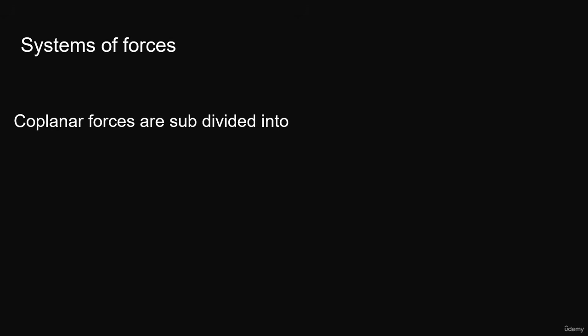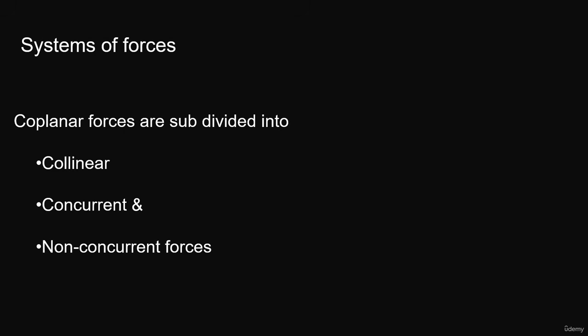Next, coplanar forces are further divided into three types: collinear, concurrent and non-concurrent. In collinear, all the forces pass through a single line itself, forming a one-dimensional force system. Whereas in concurrent, all the forces pass through a single point.